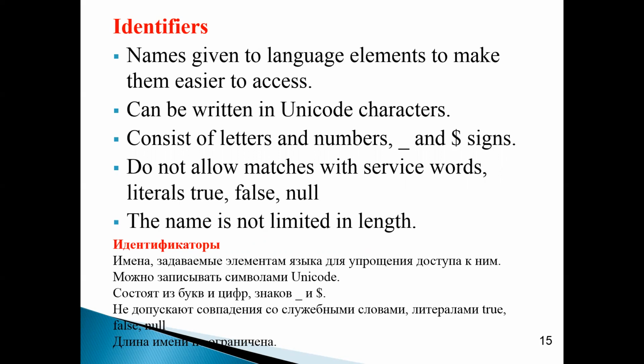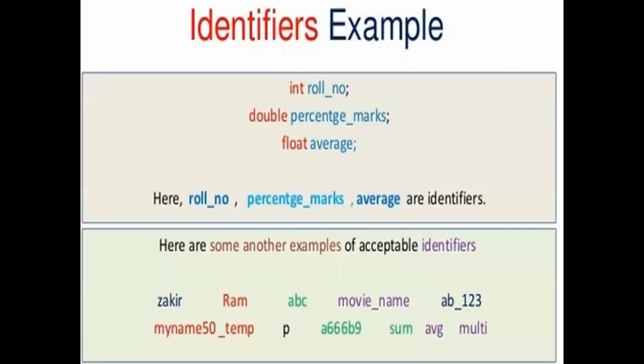The name is not limited in length. You should remember this about identifiers. In this picture, guys, you can see different examples of identifiers. Please look at this picture carefully and remember them.